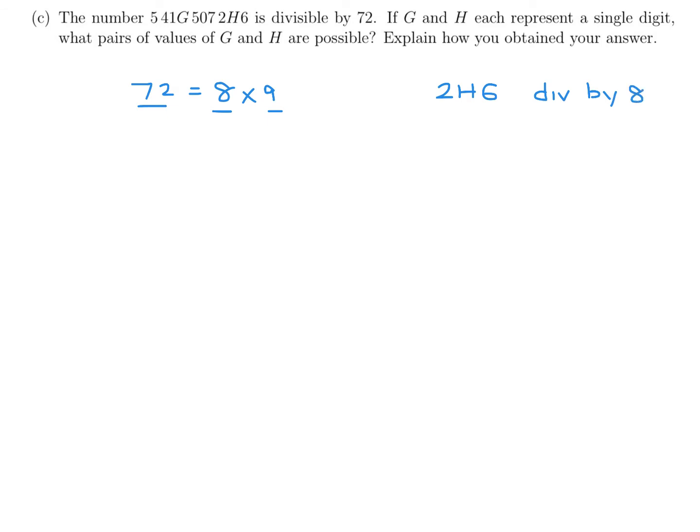And then part B of this question told you that a number is divisible by 9 if the sum of its digits are divisible by 9. So that means that all of these added together, which is 5 plus 4 plus 1 plus G plus 5 plus 7 plus 2 plus H plus 6, that entire sum, which I believe is 30 plus G plus H, is divisible by 9.